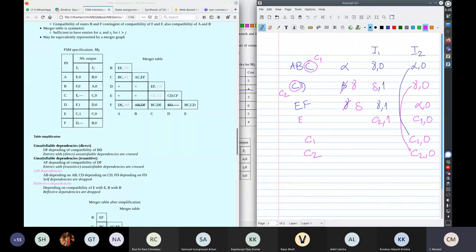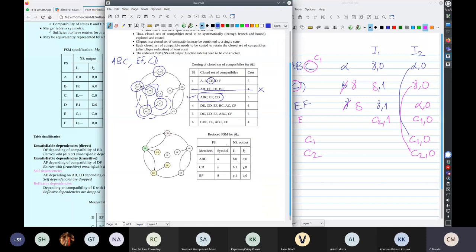You have state splitting. So yeah, this is the reduced FSM. So now, after you have this reduced FSM, let us see what you have after this.